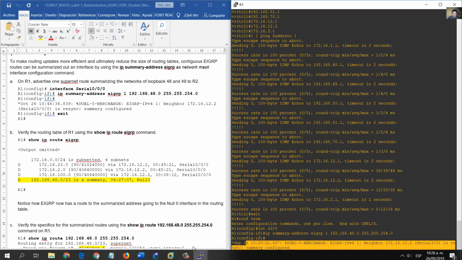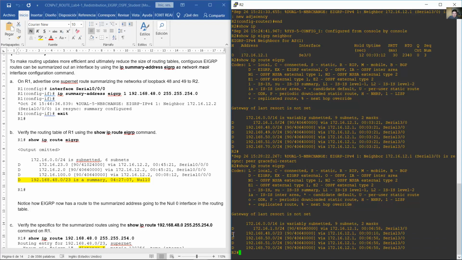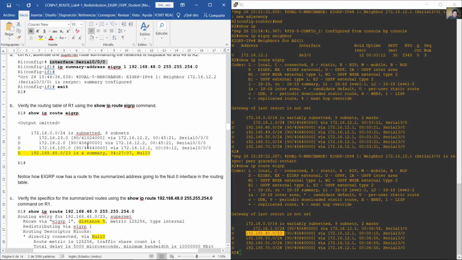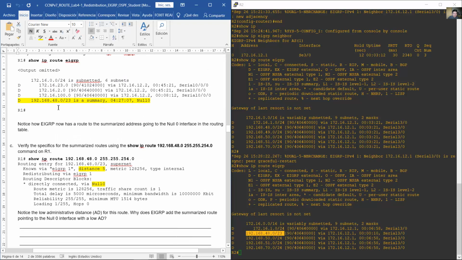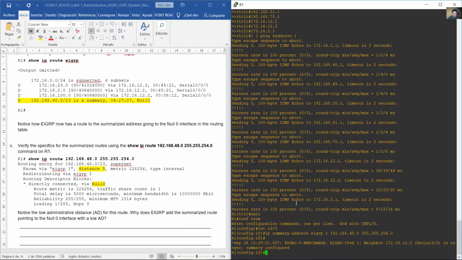On R2, show ip route eigrp, and now you can see only 192.168.48.0 with a 23 subnet mask. And also verify on R1 with show ip route eigrp.